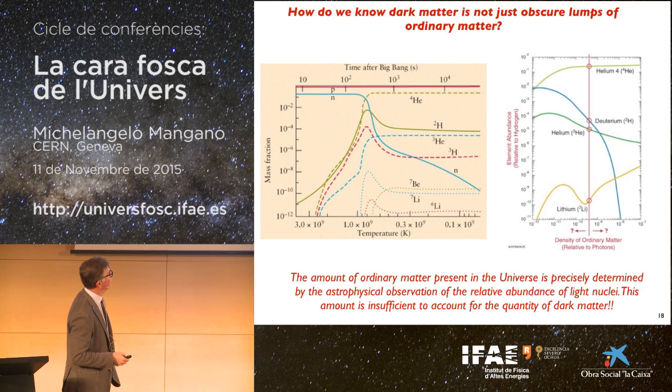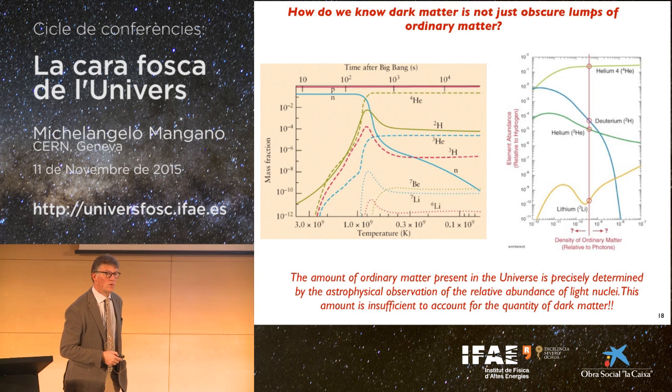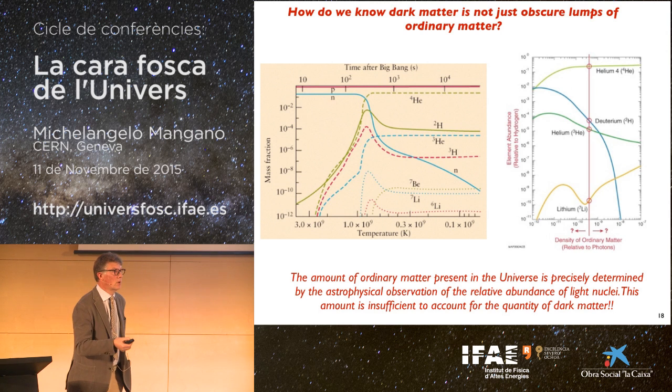Now, it turns out that the precise fraction of how much deuterium, helium, lithium is left over at the end of this process depends on the amount of ordinary matter, the amount of matter that's built out of the basic objects of the standard model, that's built out of protons, neutrons, and electrons.